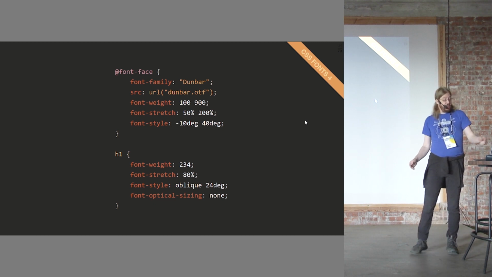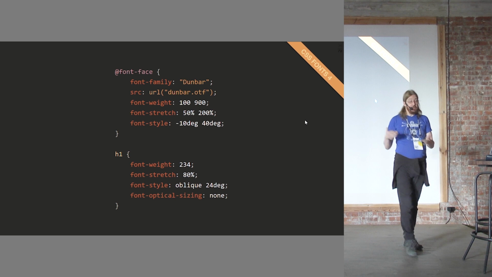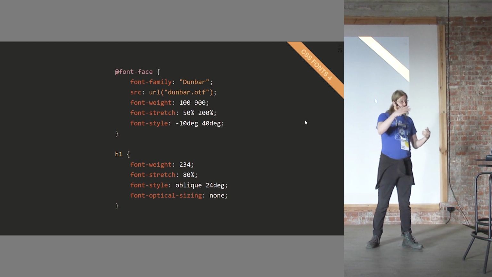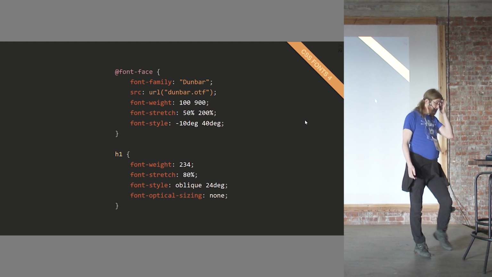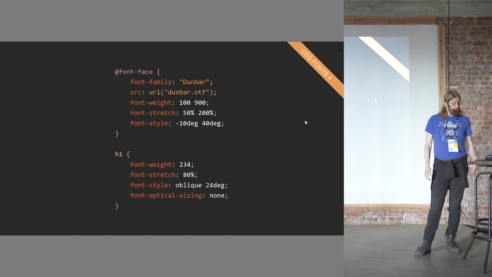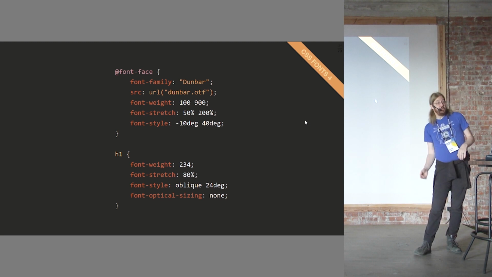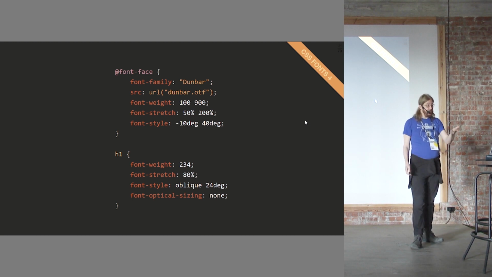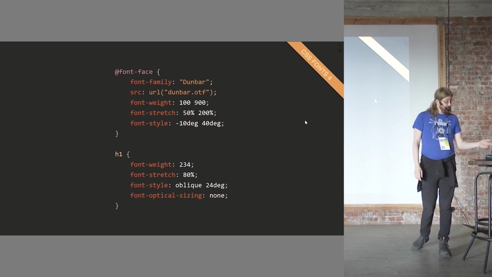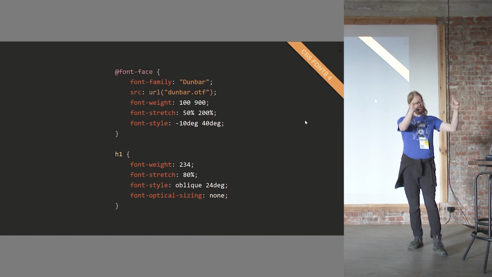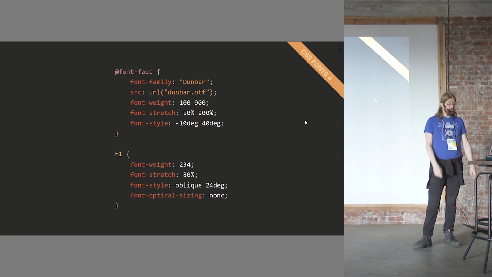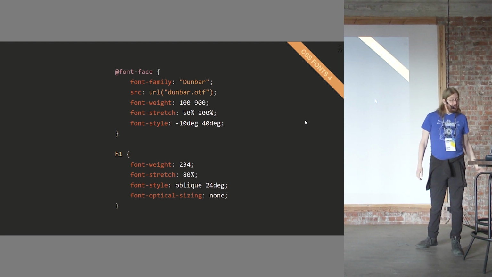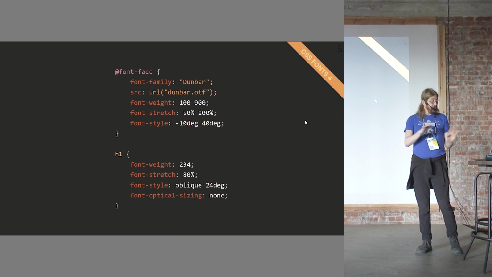The font-stretch, anywhere in this font, between 50% and 200%, where 100% is the normal. And the font-style, it can do anything between 10 degrees leaning backwards and 40 degrees leaning forwards. And then when we actually use it, we say we want an oblique font at 24 degrees, and so they all get tilted over at that angle. And we want the font-weight to be 234, fairly light, so when we know it can do it.